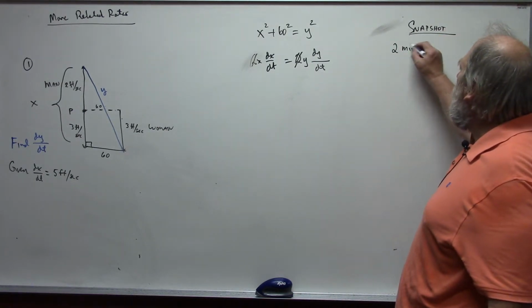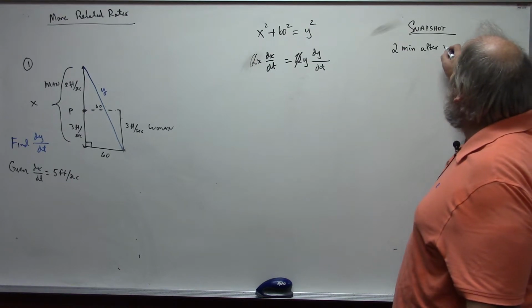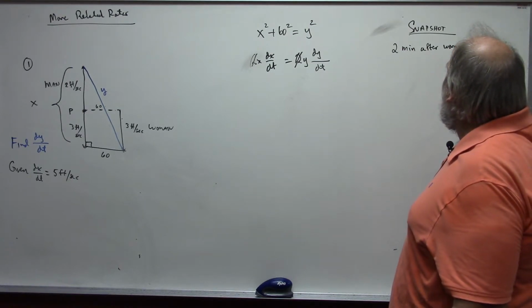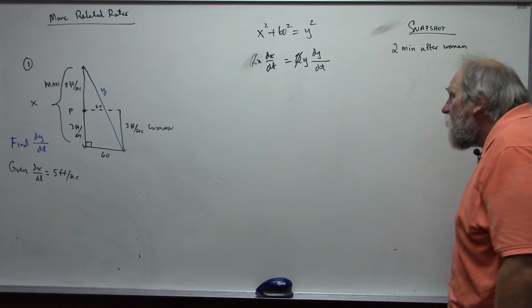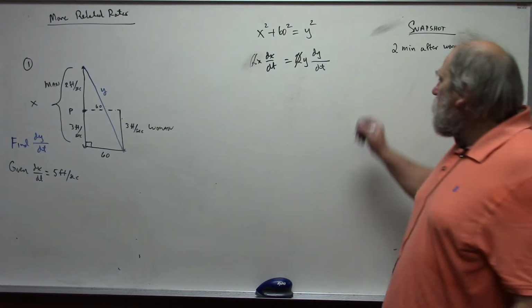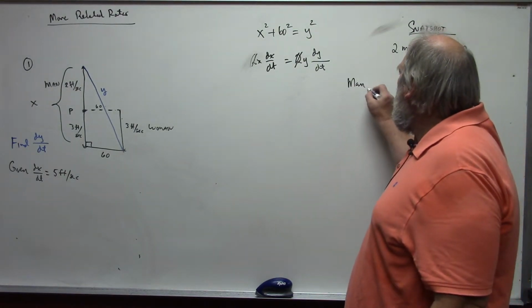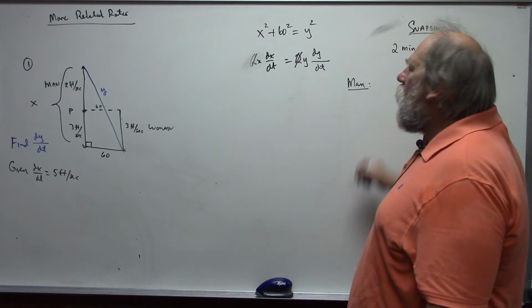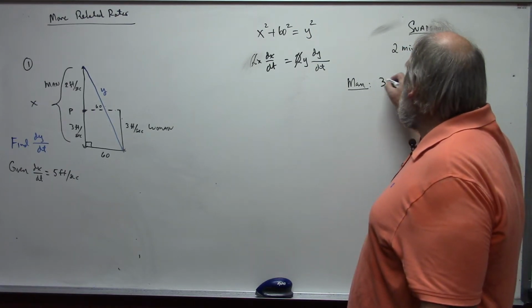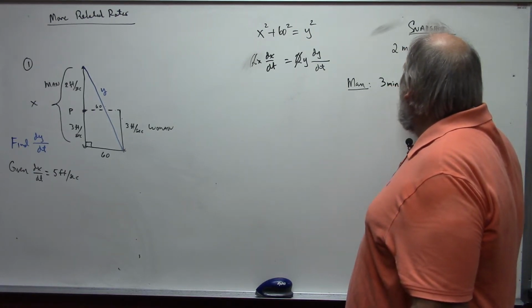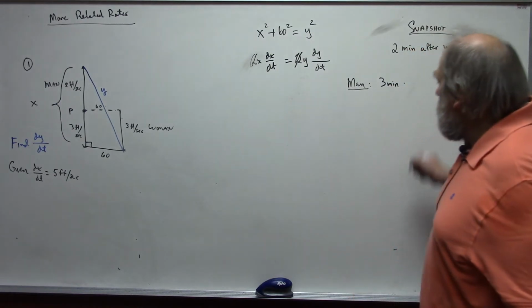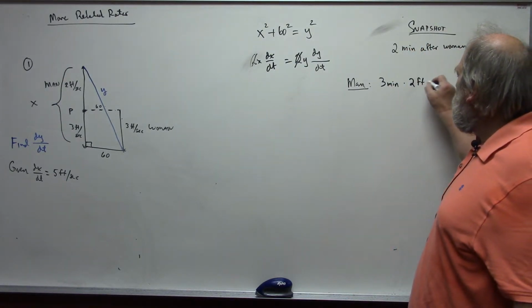2 minutes after the woman begins walking. So we need to break this apart for the man. He walks 3 minutes total. He walks at a rate of 2 feet per second.